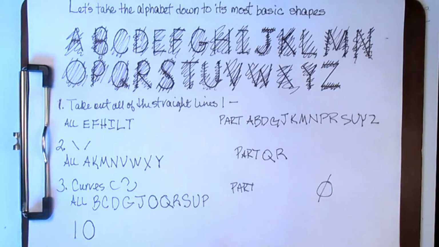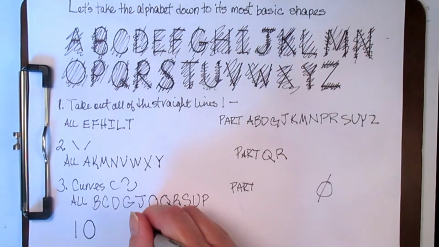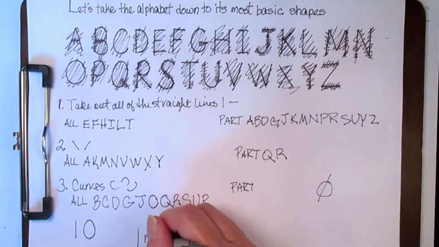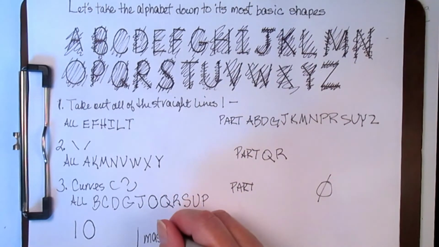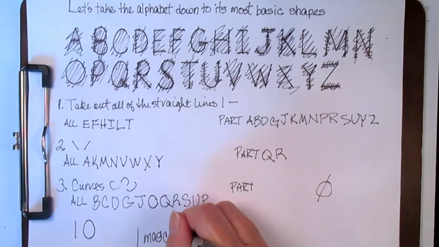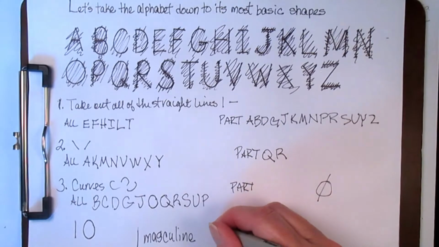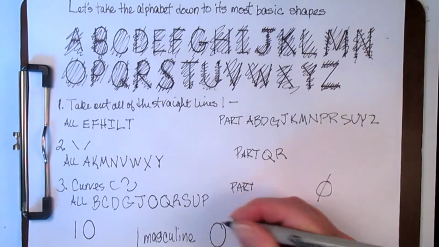So we've broken the entire alphabet down to straight or rounded or curvy, whichever you want to call it. And they're masculine for the straight, feminine for the curved, or they're a combination of those two, like in the letter J. So that was my great discovery.